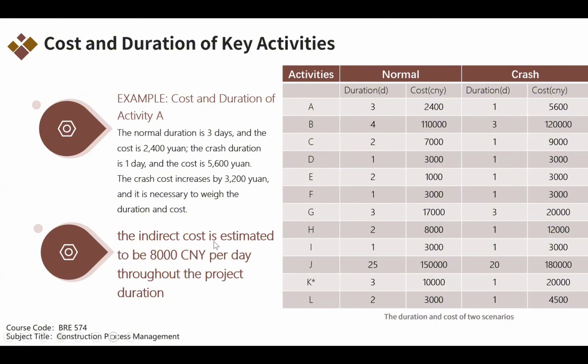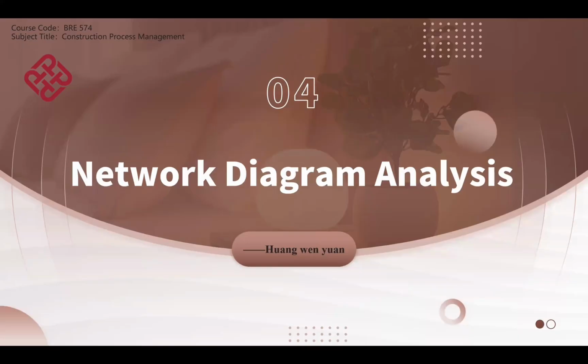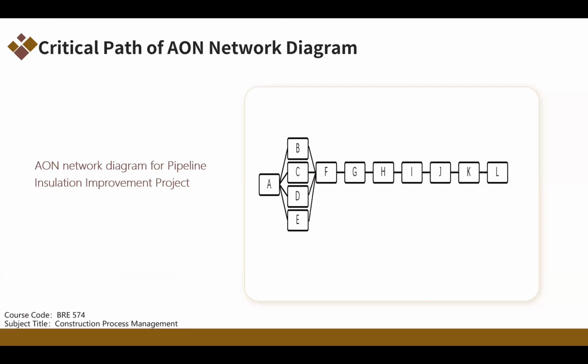The indirect cost is estimated to be 8,000 Chinese yuan per day throughout the project duration. And the network diagram analysis: according to the whole project, the AON network diagram for the pipe insulation improvement project is as the picture shows.